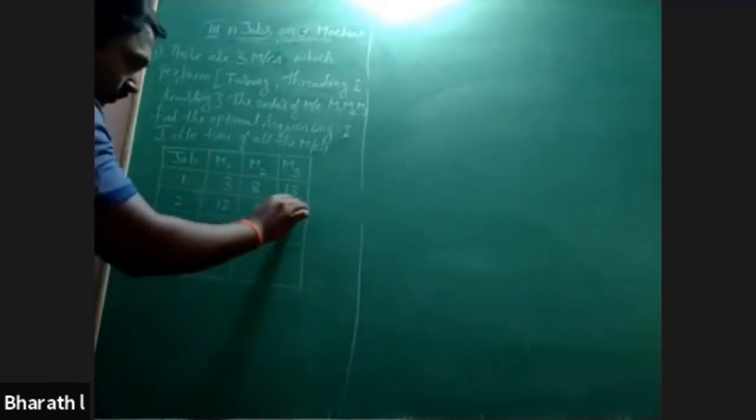There are 4 jobs, 1, 2, 3, 4, and there are machines M1, M2, and M3, and the values are given: 3, 8, 13, 12, 6, 14, 5, 4, 9, 2, 6, 12.